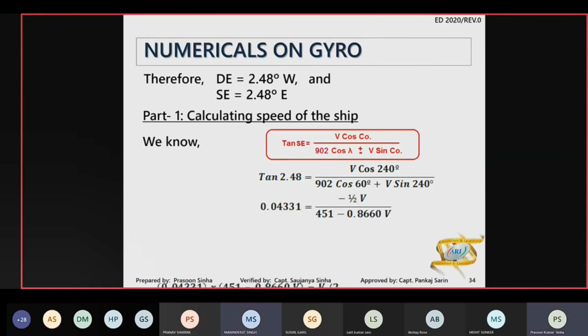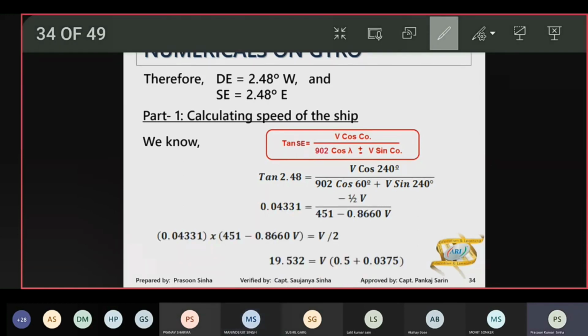So we calculate the speed because in this formula v is unknown, but other things we already have. So it is all basically a mathematical exercise to find out v. Tell me what is the speed that you are coming with.